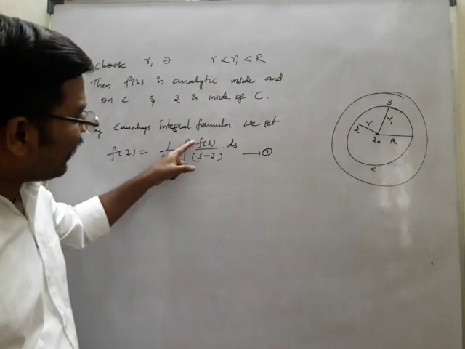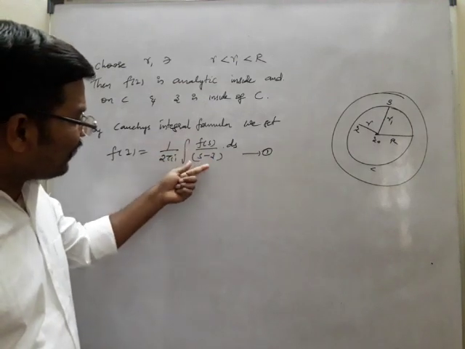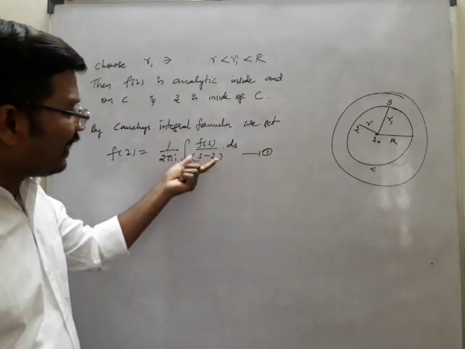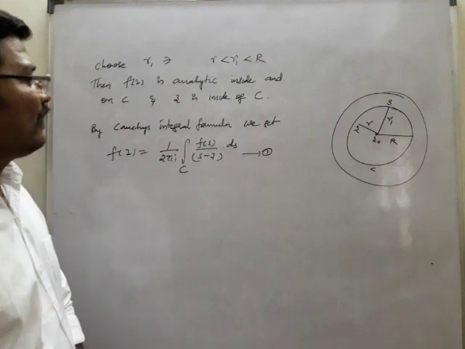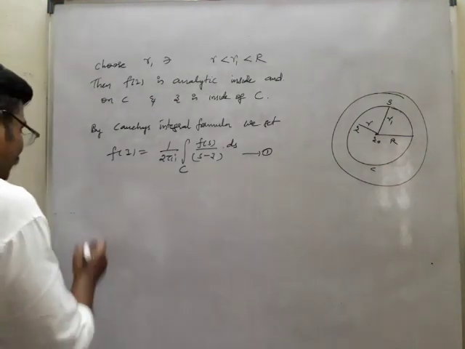We'll try to find out the value of 1 by s minus z. After finding 1 by s minus z, we'll substitute that value here, and we'll try to reduce case 1.